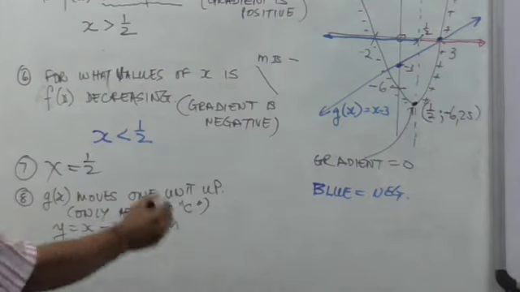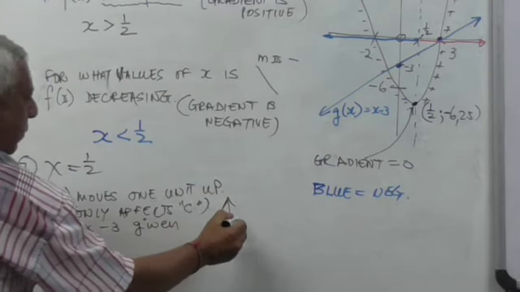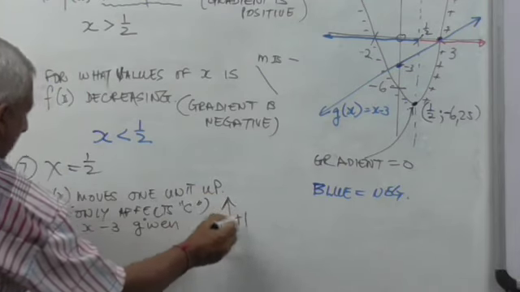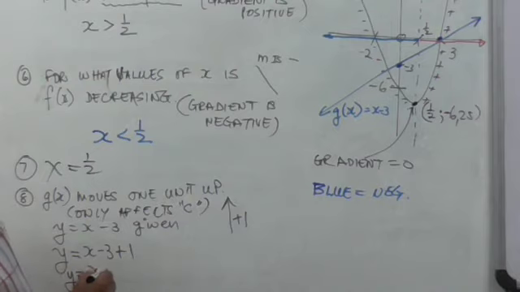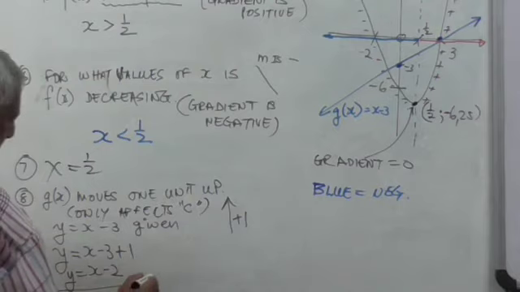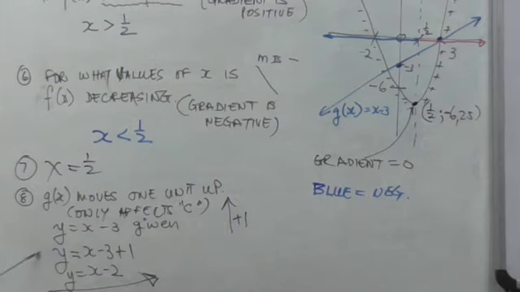Now, if the graph moved up 1 unit, that means plus 1. So, the new equation will be y is equal to x minus 3 plus 1. Therefore, the final answer is x minus 2, because when you simplify that, it becomes y is equal to x minus 2.